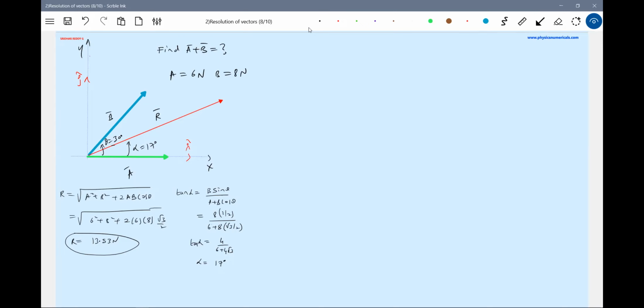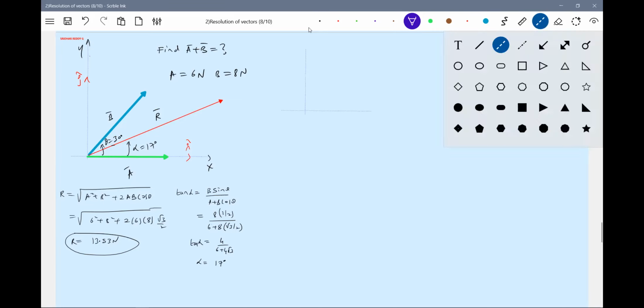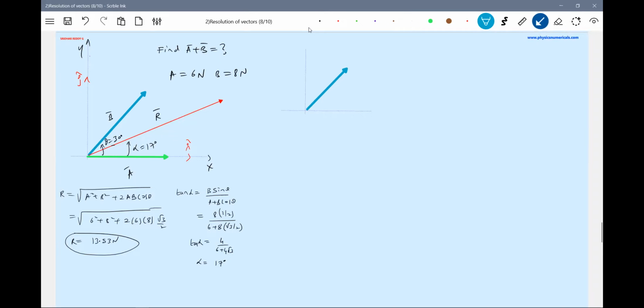So if you go for the resolving of vectors, the first A bar vector is done. We have to resolve the vector B bar. That is the difficulty we have. The vector B bar is making an angle of 30 degrees with the x-axis. So what are its x components?